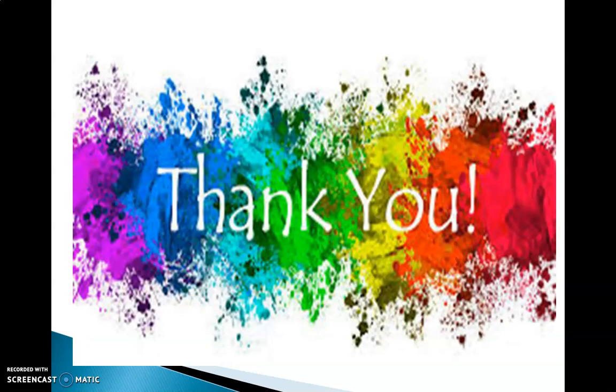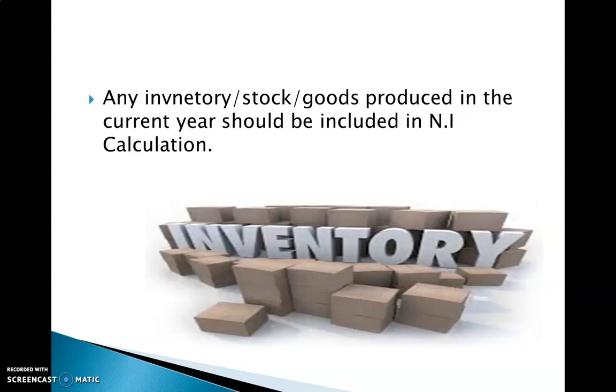For example, if a tire manufacturing company produces 100 tires in the year 2019, and among these 100 tires Maruti Suzuki takes 50 tires and converts them into a brand new car, the manufacturer is left with 50 tires. So how can we calculate the national income in this case?